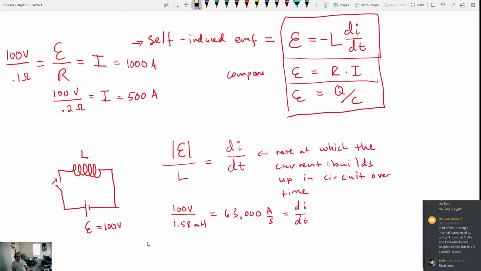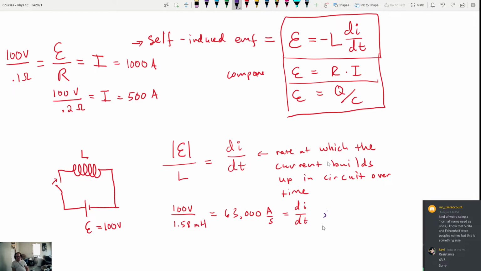So now we kind of need a resistor in the circuit, don't we? There are all kinds of things that I'm leaving out of this story here because I want to simplify it as much as possible. So let's ignore the fact that there's no resistance in the circuit for now and just assume that that's okay. What do you get? 63.3? This is milli right here, so you need to divide by 0.00158.